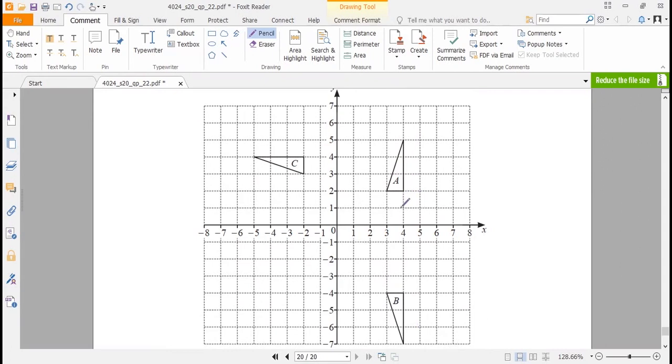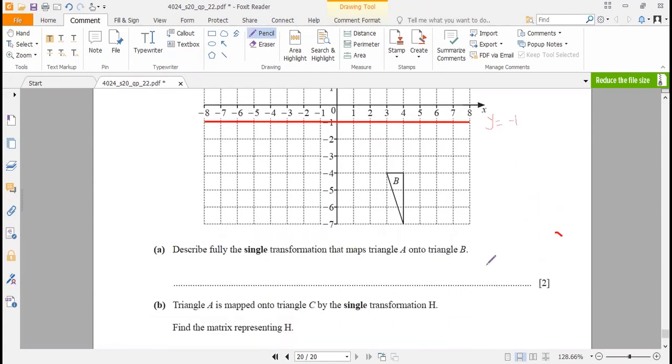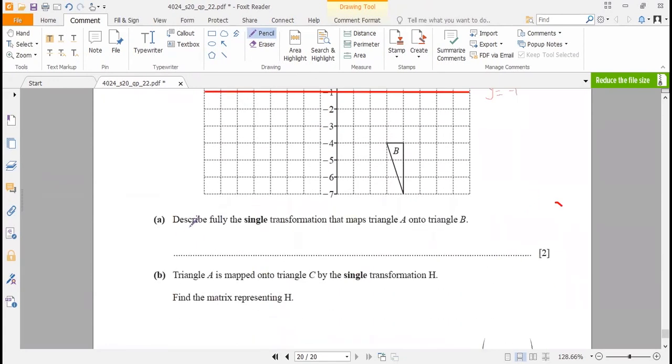As you can see, there are 3 blocks, 1, 2, 3, and 3 blocks, 1, 2, 3, so the line of reflection is y equals minus 1. We can describe it as a reflection with respect to y equals minus 1.